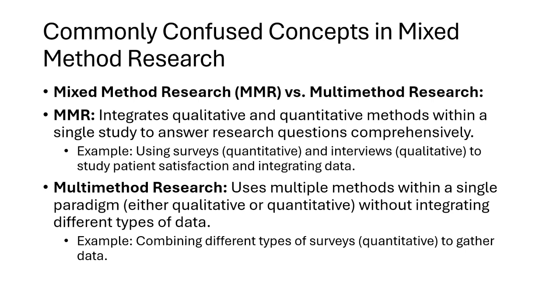And I am already preempting questions, and therefore I'm starting with this. So mixed method research versus multi-method research. The difference is in mixed method research, we integrate qualitative, quantitative methods within a single study to answer research questions comprehensively.